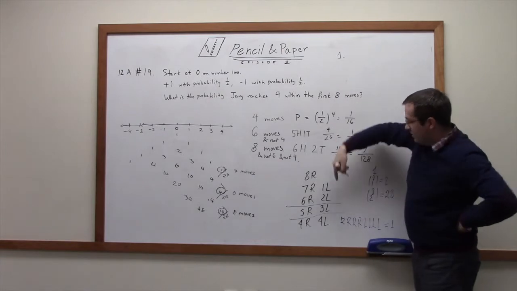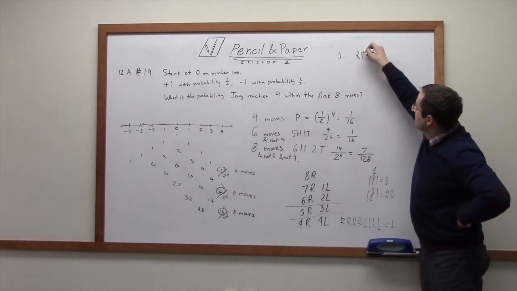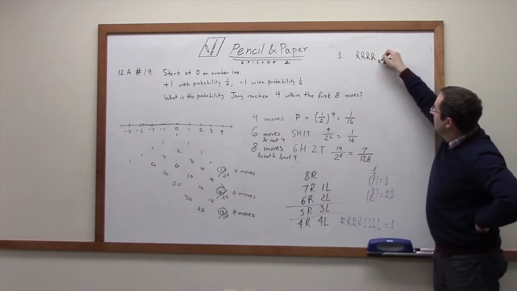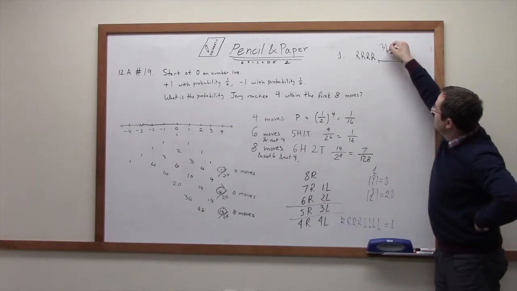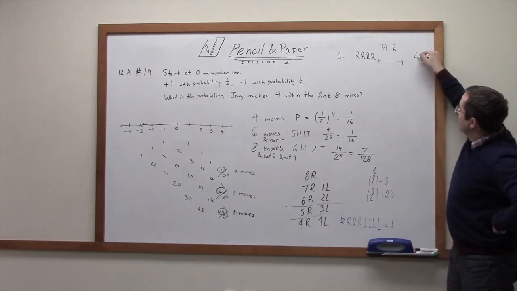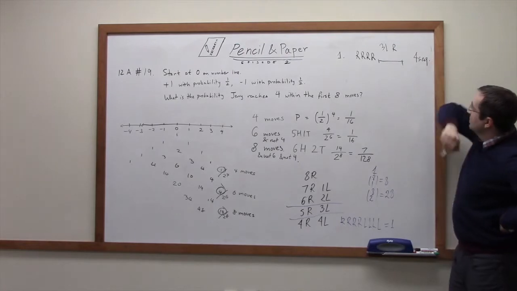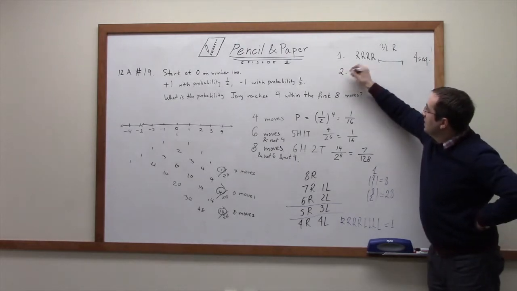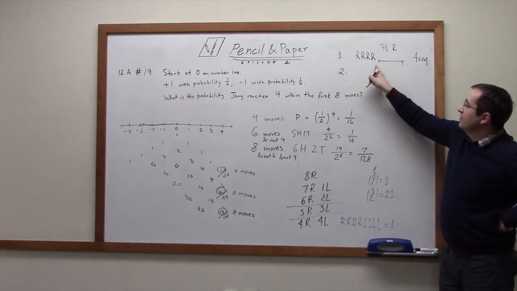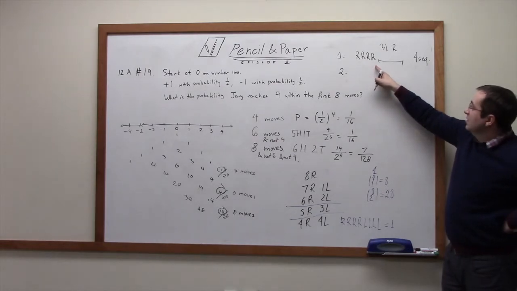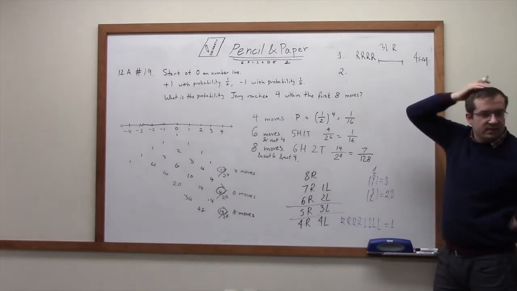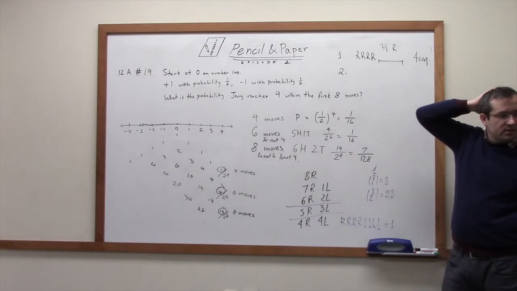So either the first 4 are my R's, and here I have 3 L's and 1 R, right? So there are 4 such sequences. Or I have an L among the first 6. So you have 5 R's and 1 L, so you'll still reach there.